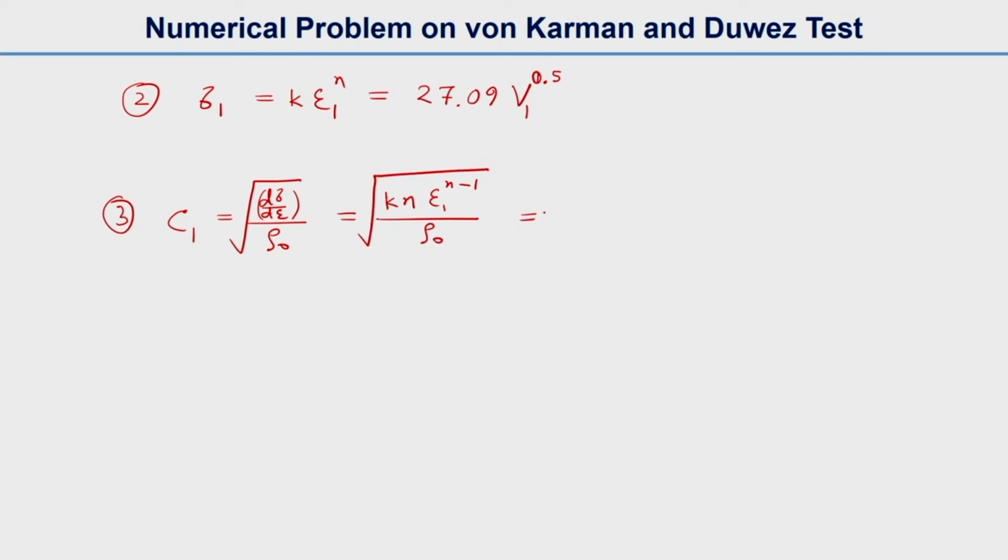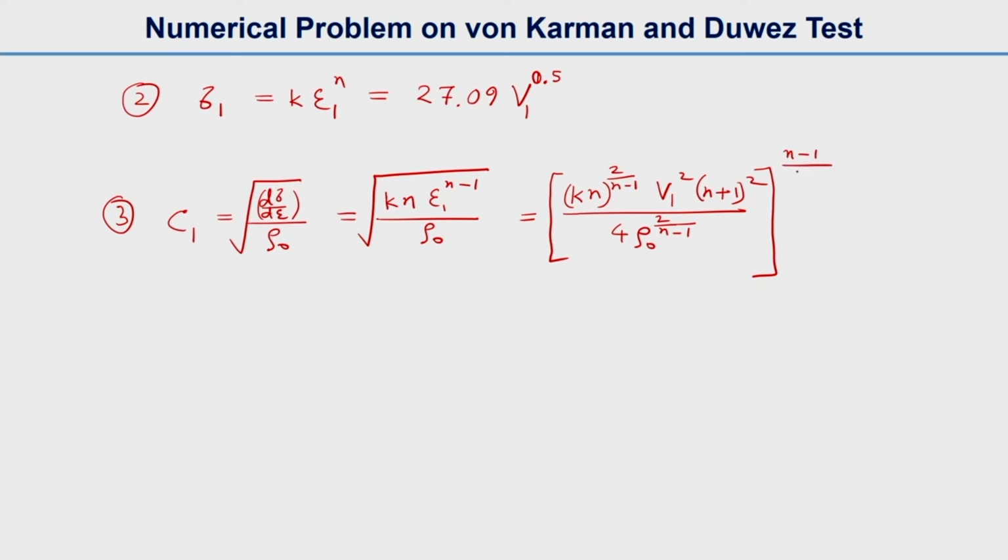Then we have the expression for epsilon 1 in terms of V1, and I am writing the final expression: k n to the power 2 minus n minus 1, V1 squared, (n plus 1) squared, over rho naught, to the power n minus 1, in square brackets, to the power of n minus 1 over twice (n plus 1).